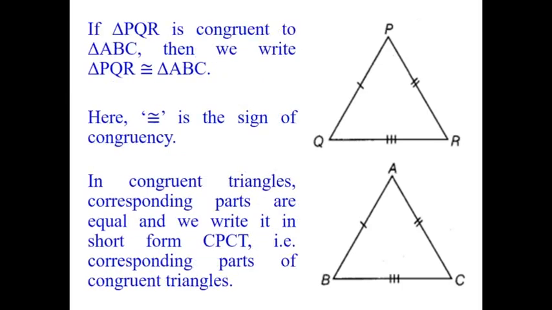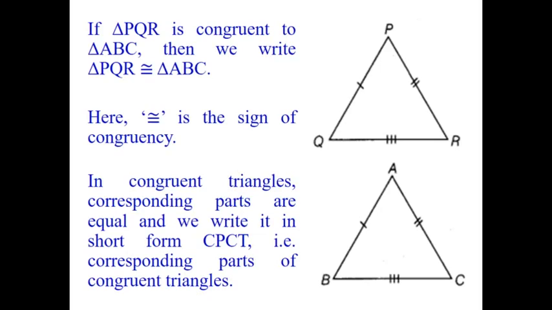If triangle PQR is congruent to triangle ABC, then we write triangle PQR ≅ triangle ABC. Here, this symbol is the sign of congruency. In congruent triangles, corresponding parts are equal and we write it in short form CPCT.